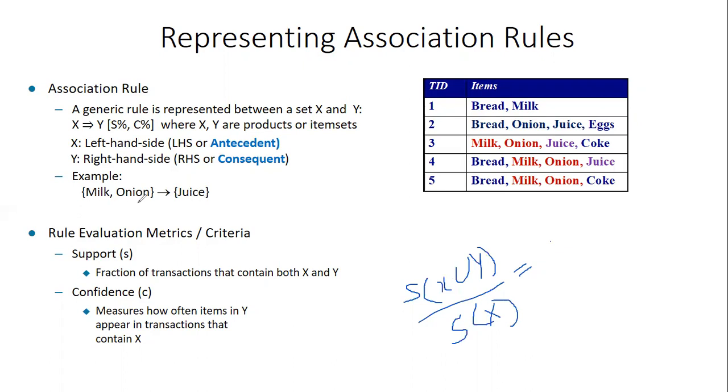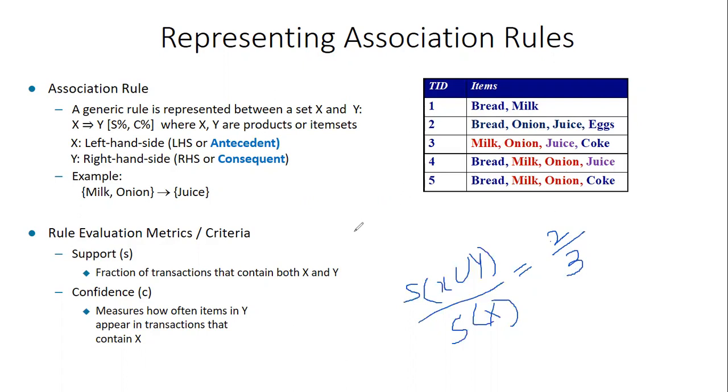Total number of transactions having milk onion juice, whole divided by the support count of milk onion. Milk onion juice is in 2 transactions. And how many transactions have milk and onion alone? It is 1, 2, 3. So 2 by 3 will be the confidence.